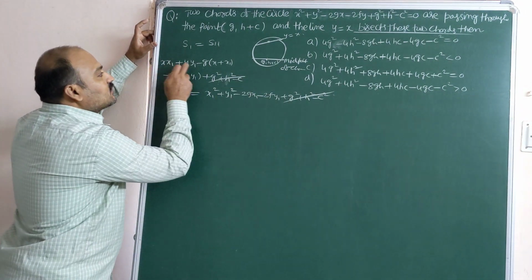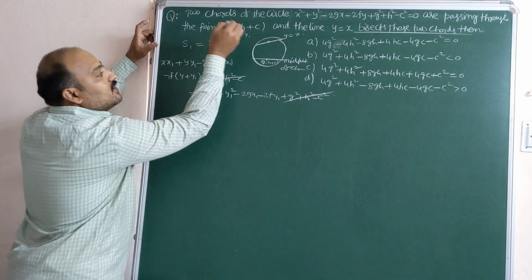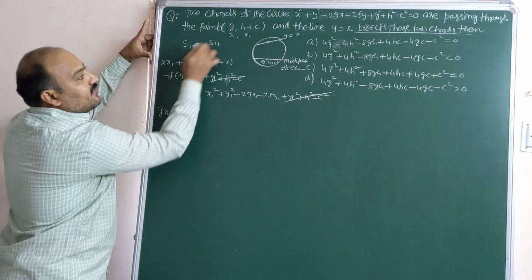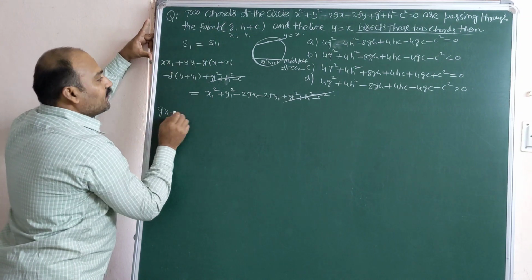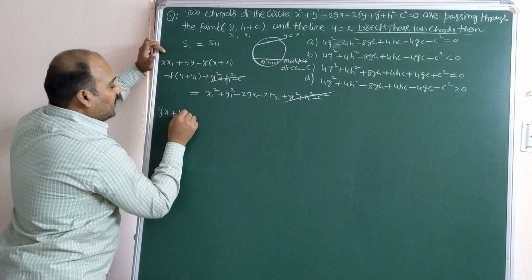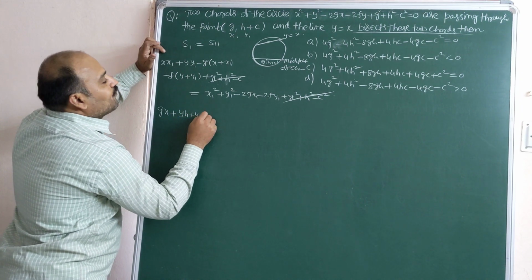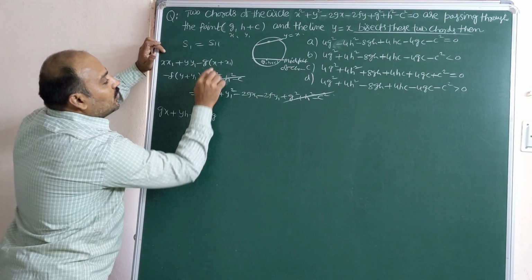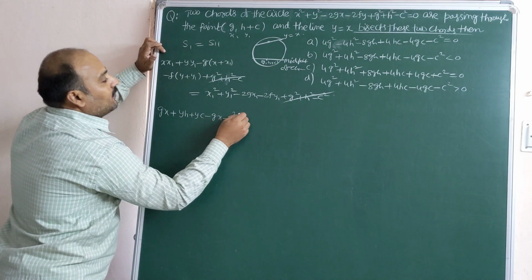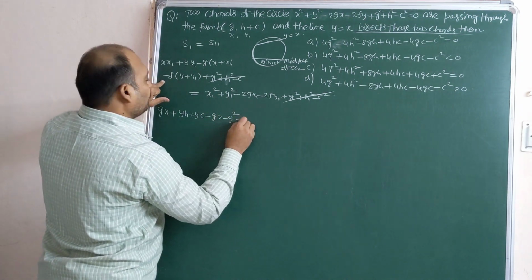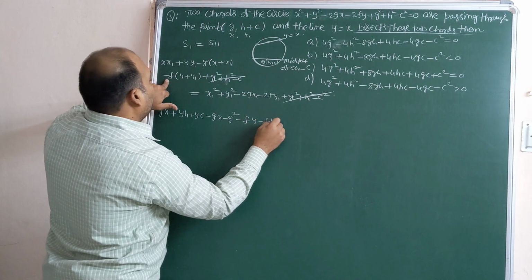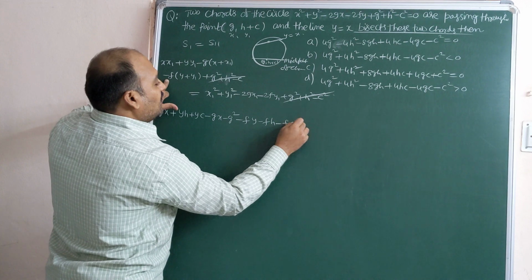So in place of x1, y1, substitute g and f plus c. G in place of x1, f plus c in place of y1. So yf plus yc minus g into (x plus x1), so minus gx minus g square minus f into f minus f square minus f into c minus fc.